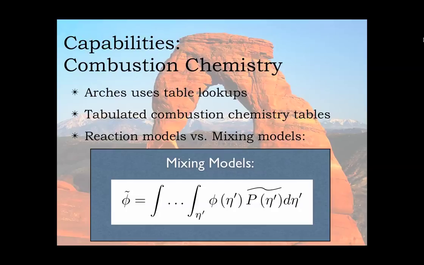And then what happens online is we're tracking this reduced set of filtered etas. So we feed those into the table, and out pops phi filtered.